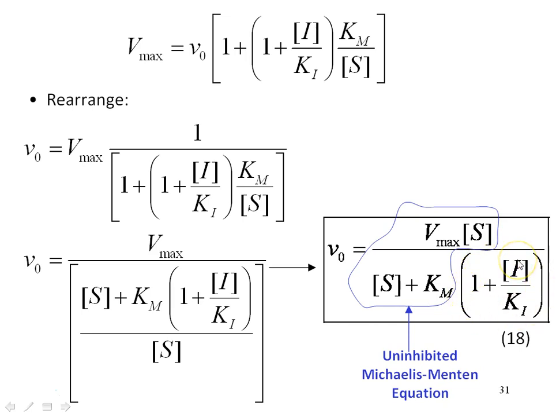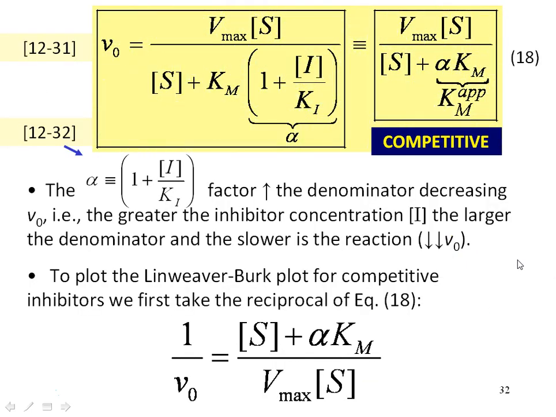That factor we call alpha, and it is suggestive to describe alpha times Km as the apparent Michaelis constant, because it can appear as if it is a larger Michaelis constant. It appears as if the enzyme and the substrate have less affinity to one another, which is the result of the presence of the inhibitor.